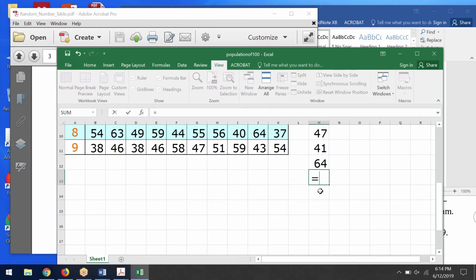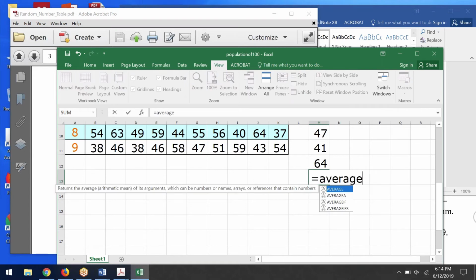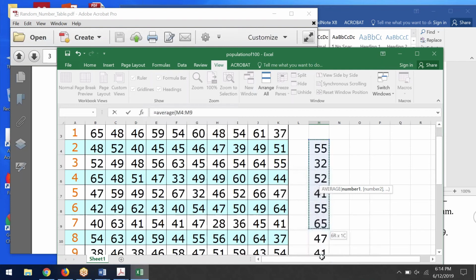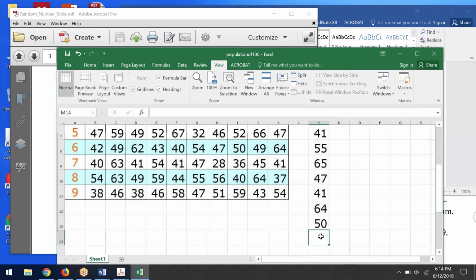Okay, so I'm going to take the average of this set of 9 numbers. And the average comes out to be 50. And the mean, I'm going to call that X bar.